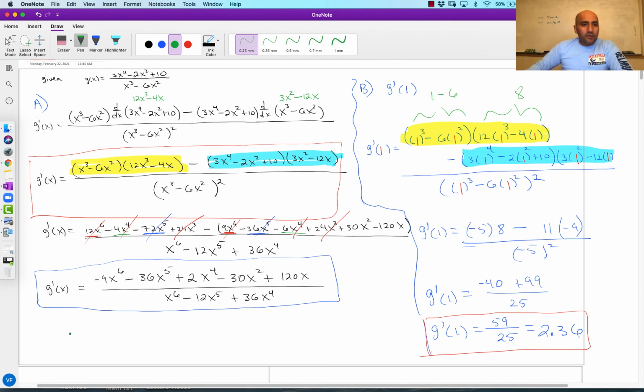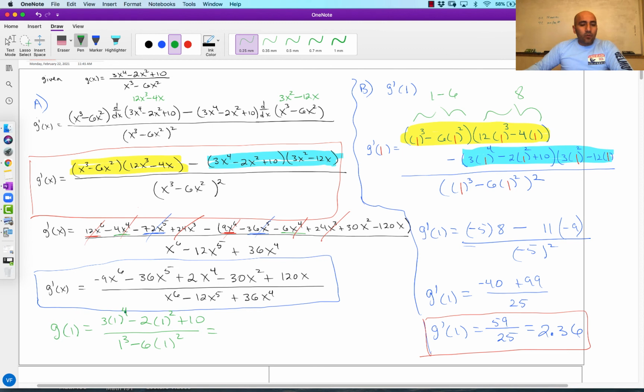I'll put it in green. g of 1 is equal to 3 times 1 to the 4th power minus 2 times 1 to the 2nd power plus 10 divided by 1 to the 3rd power minus 6 times 1 squared.